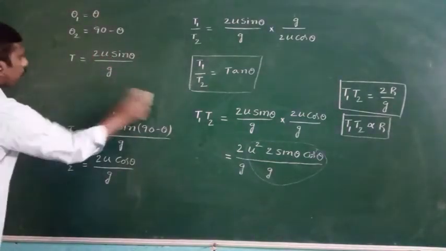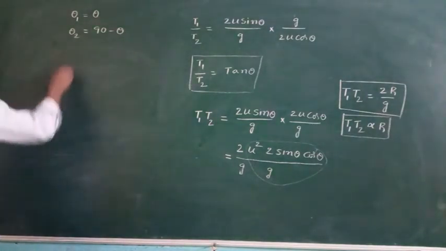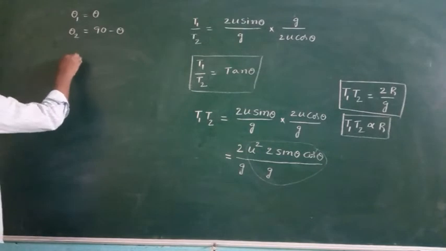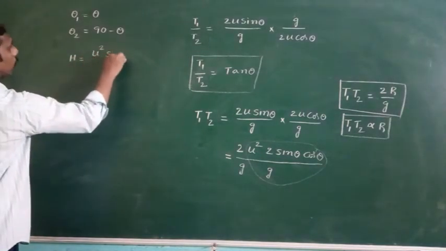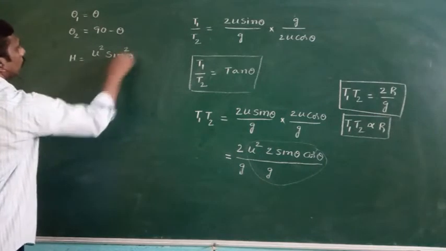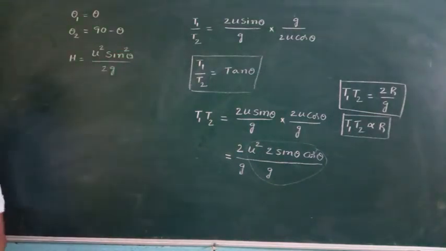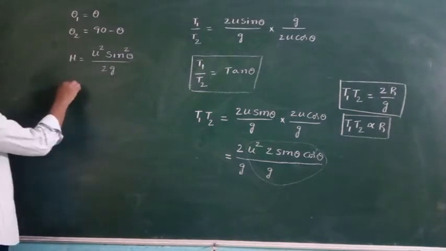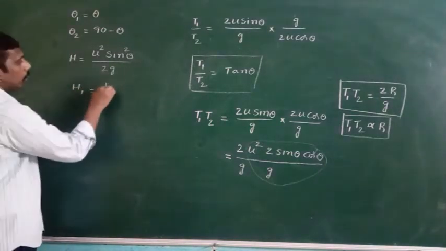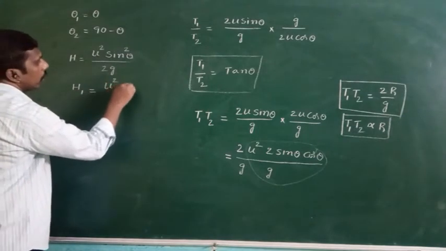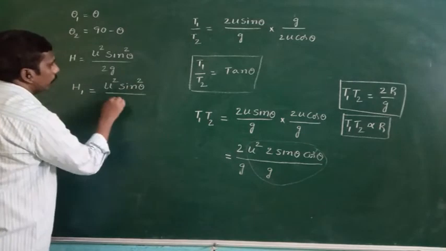You know the maximum height equation: H is equal to u square sin square theta by 2g. So for the first body, maximum height H1 is equal to u square sin square theta by 2g.